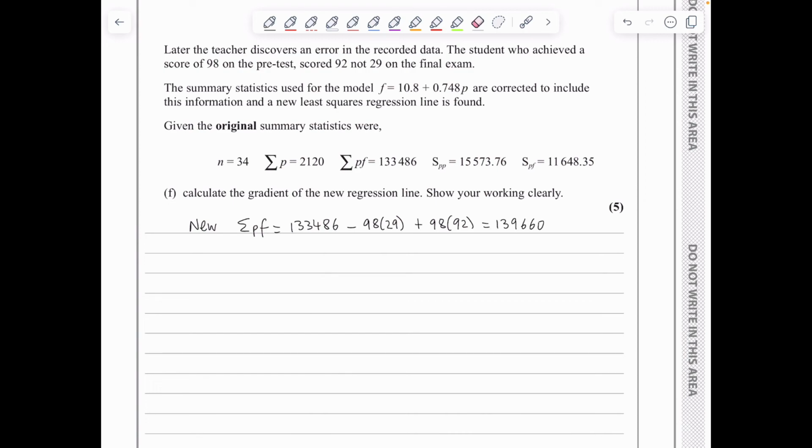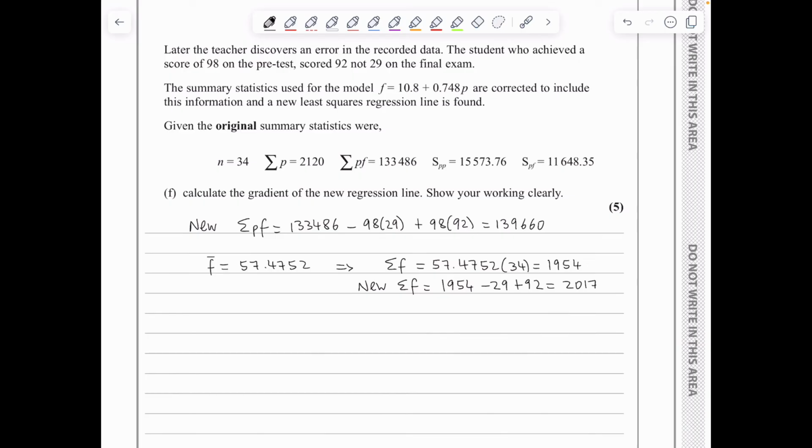Now we have already found from part A that F bar is 57.4752, and this means that the sigma F was 57.4752 times n, which was 34. This gives an answer of 1,954, and therefore the correct sigma F will be the 1,954 minus the mistake of 29 plus the correct of 92, which is 2017.